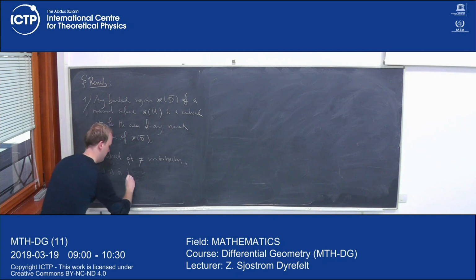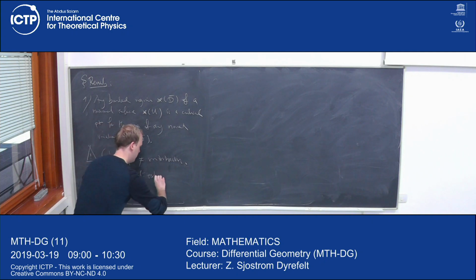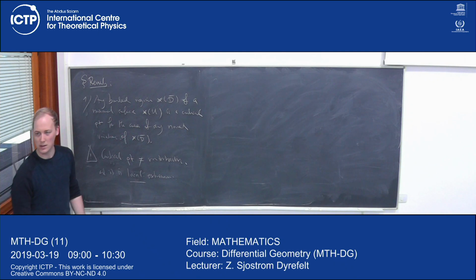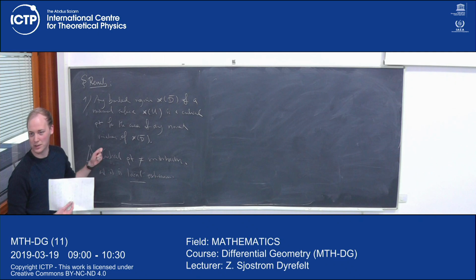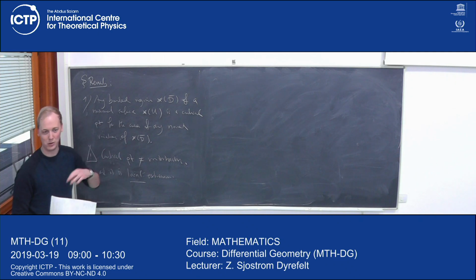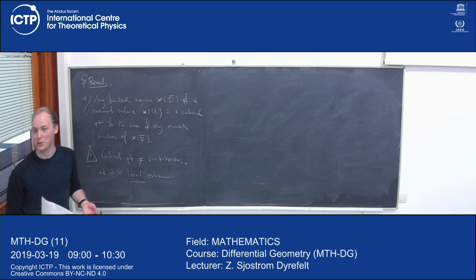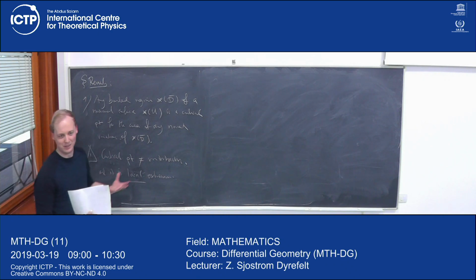It is a local minimum or maximum, we don't know. So this is what I mean when I write critical point is not necessarily a minimum. As you all know, you've studied calculus and so on, just having the derivative equal 0 is not necessarily a minimum. It can be a maximum, and various things.